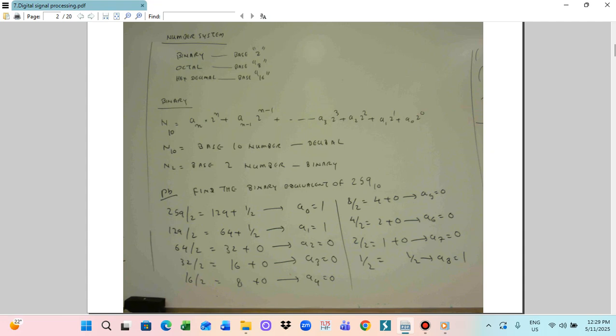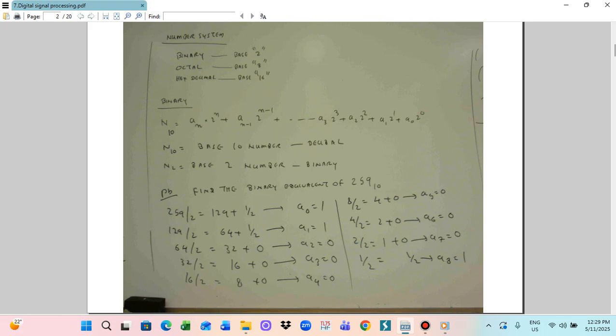So this is the mathematical format for the binary number system.